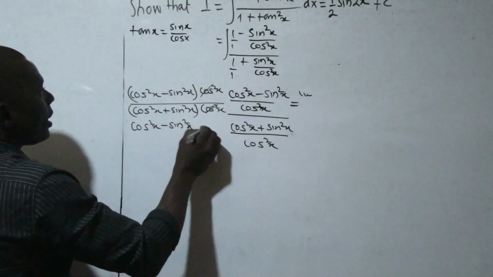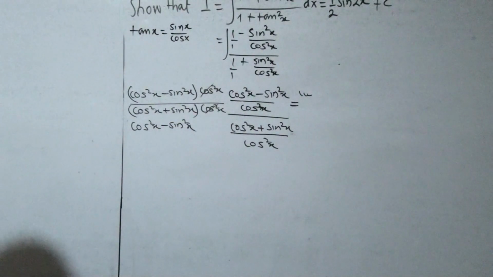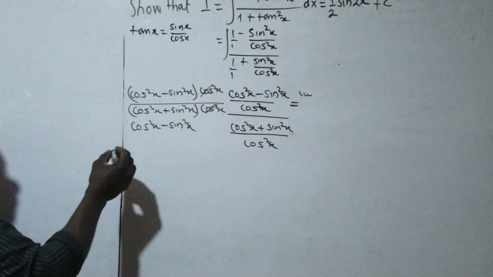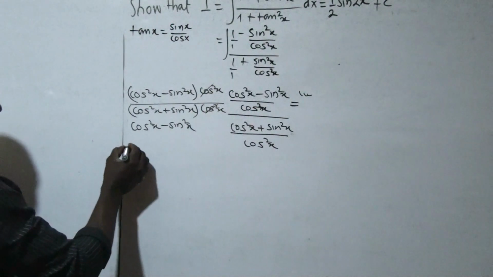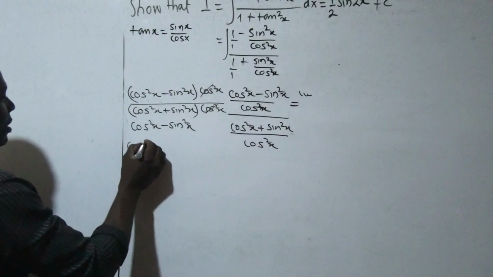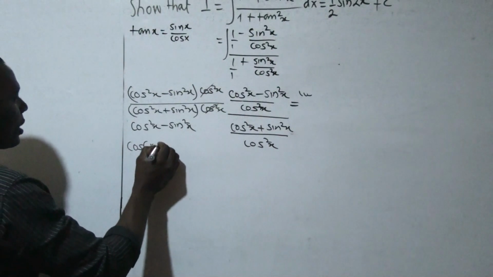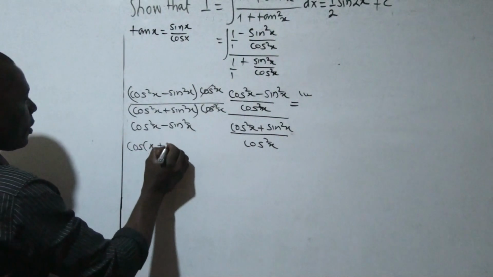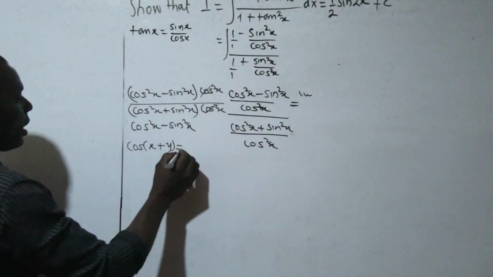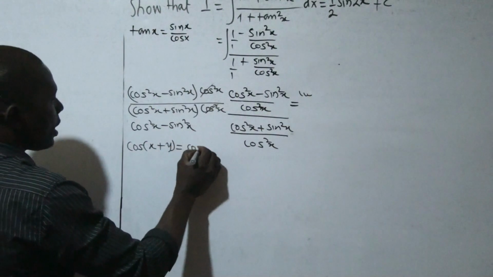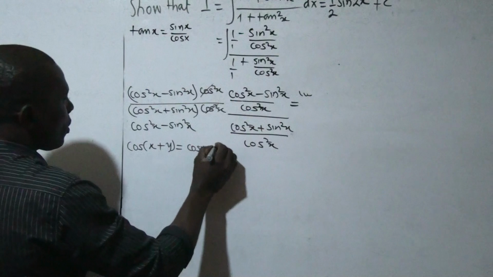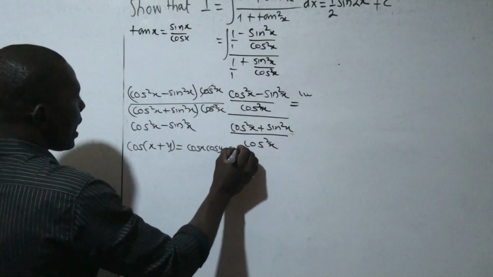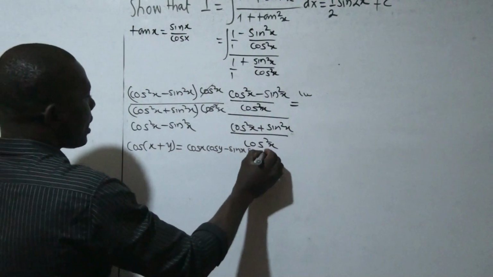But if you recall from trigonometry, cos of (x plus y) is cos x cos y minus sine x sine y.